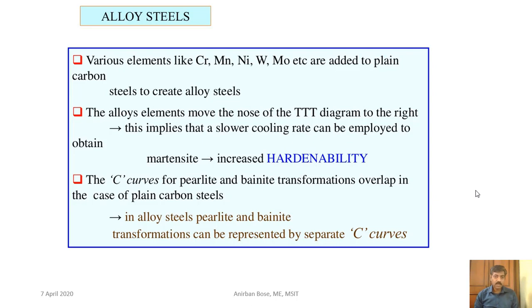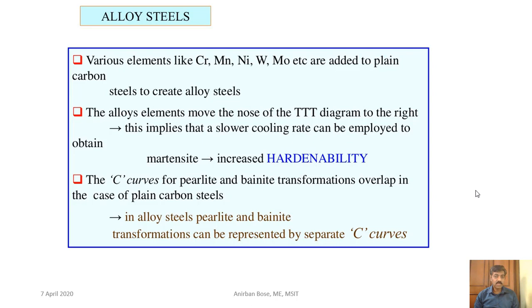The first one is definitely that with the adding of the other alloying elements, hardenability of the material increases. What we mean by hardenability, we will learn, but basically the idea is that at a lower cooling rate it is possible to form martensite if more and more alloying elements are added.